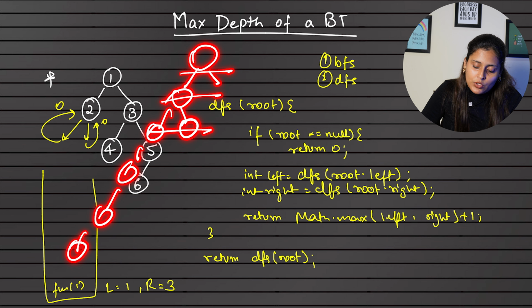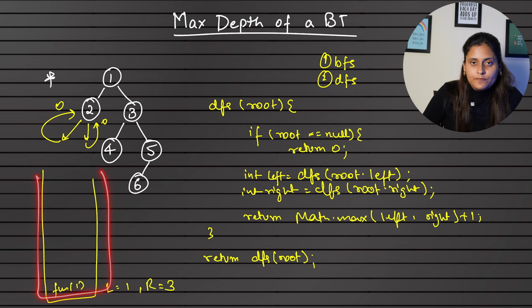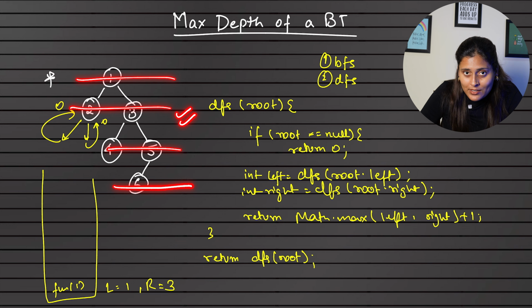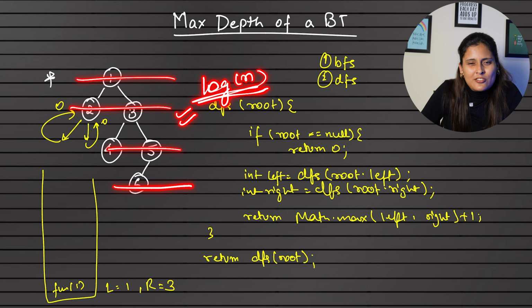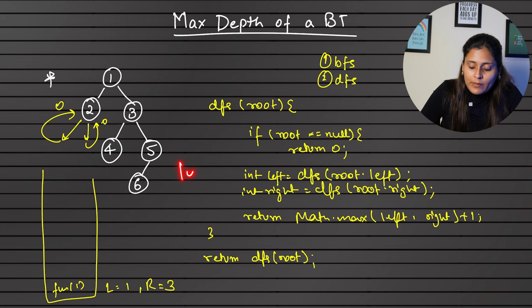So in that case you will end up putting all the nodes in the stack, which is nothing but O of n. Although in the skewed tree or balanced binary tree, we are actually inserting the number of levels only. But in the balanced binary tree, the number of levels are exactly or near around logarithmic of n. But in skewed tree, it is near to linear. Okay. So space complexity in this case is log n. Time complexity is O of n.